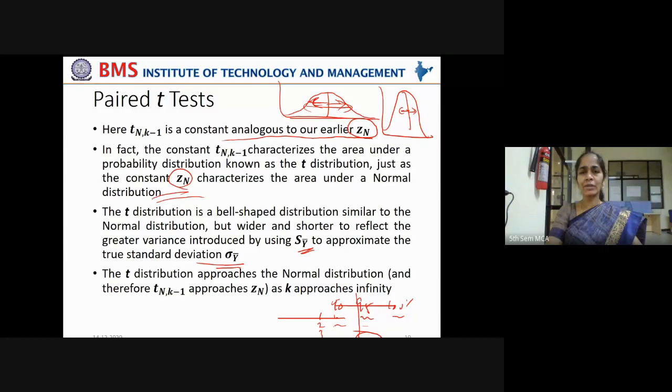We are trying to find out this sigma y bar. Now the T distribution approaches the normal distribution, and therefore t n k minus 1 approaches Zn. T value will almost be equal to Z score value as the sample size increases, as k approaches infinity. Minimum sample size should be 30, and as it grows, the T value will be almost similar to the Z score value.